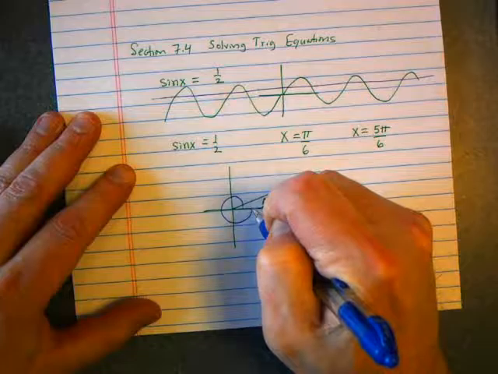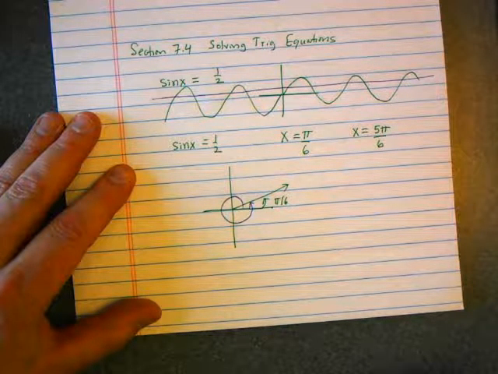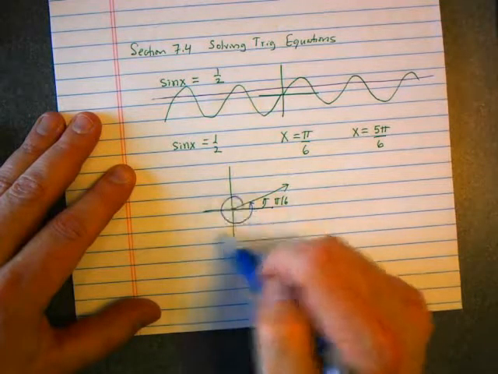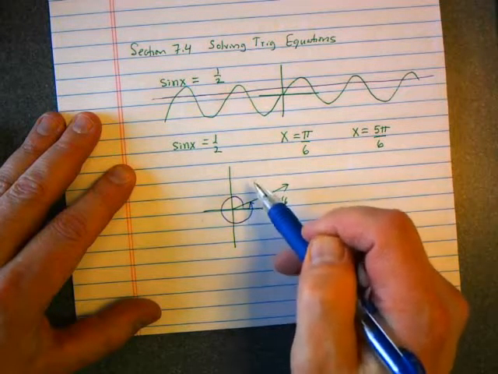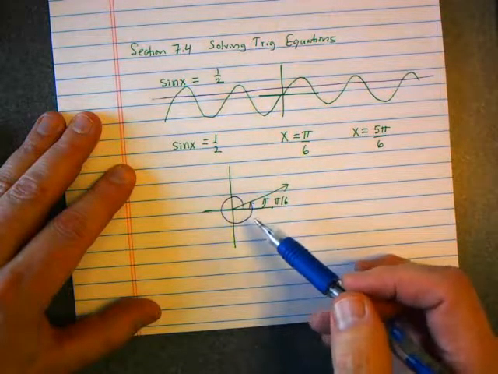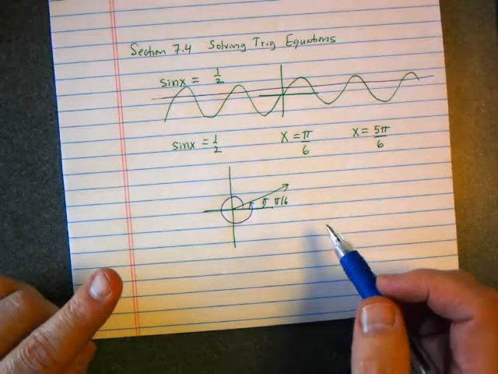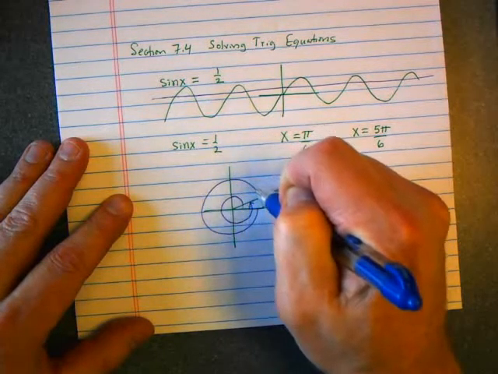Or you could go around twice, which would be 4 pi and then go to pi over 6. Or you could go around the circle 3 times or 4 times or 5 times. Or I could even go backward, couldn't I? I could go backward 2 pi and then add pi over 6, and I could write it as a negative answer. All right, so here's how we write our answers.